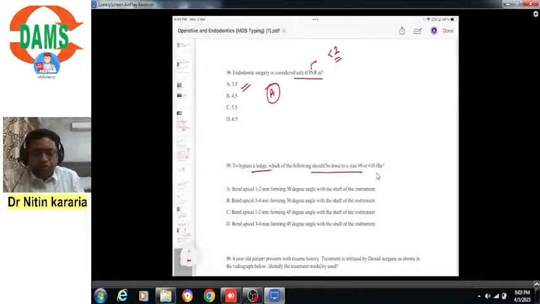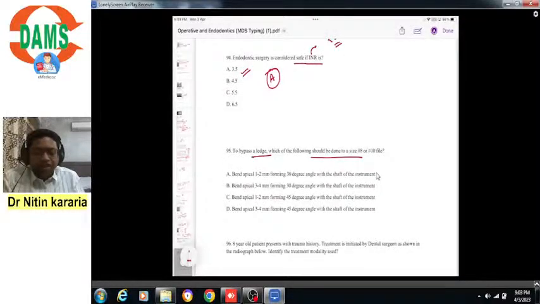Bend apical 1 to 2 mm, forming a 30-degree angle with the shaft of the instrument. Bend apical 3 to 4 mm, forming a 30-degree angle with the shaft of the instrument. Bend apical 1 to 2 mm, forming a 45-degree angle, or bend apical 3 to 4 mm, forming a 45-degree angle with the shaft of the instrument.